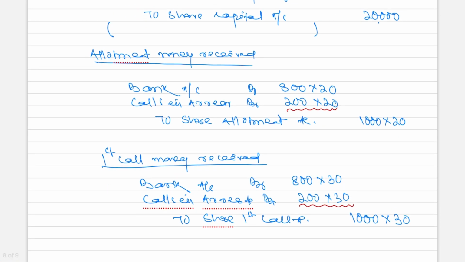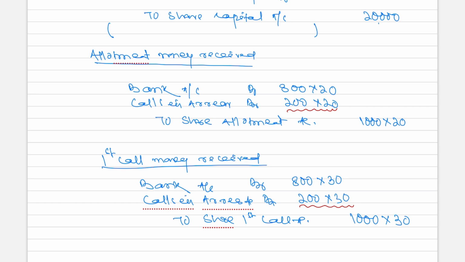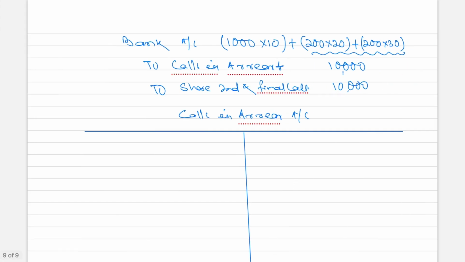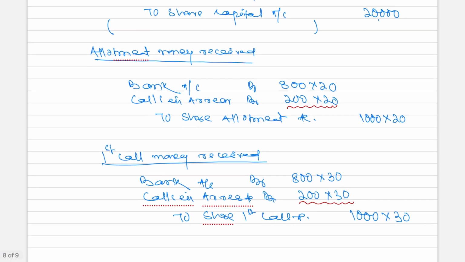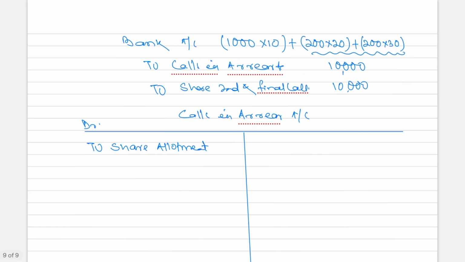So the first entry is calls in arrear account debited to share allotment account. The amount will be 4,000.